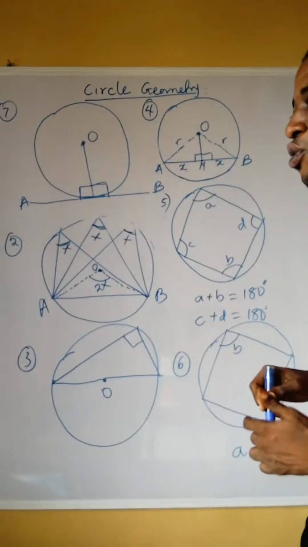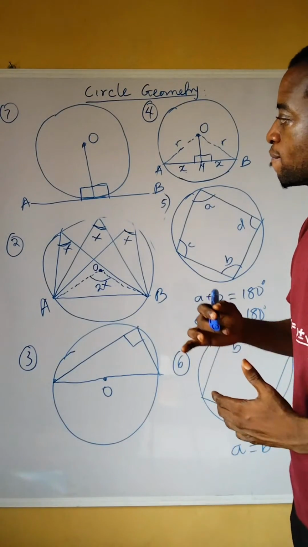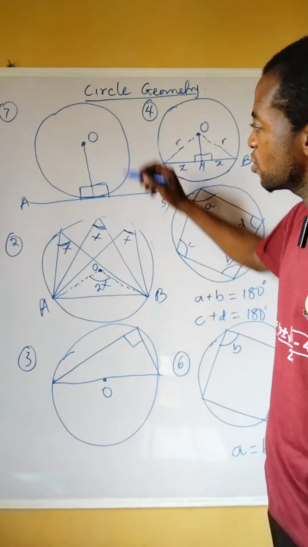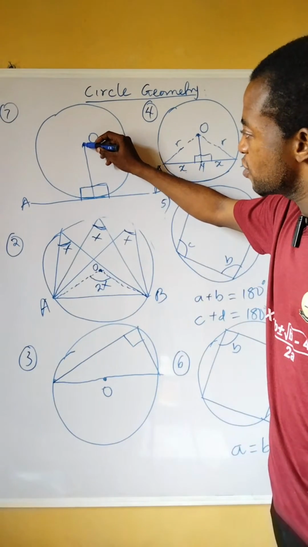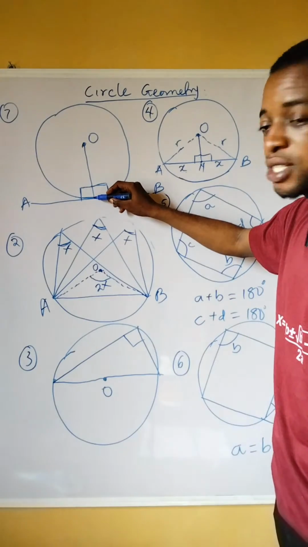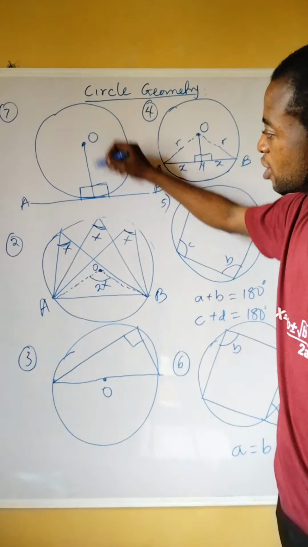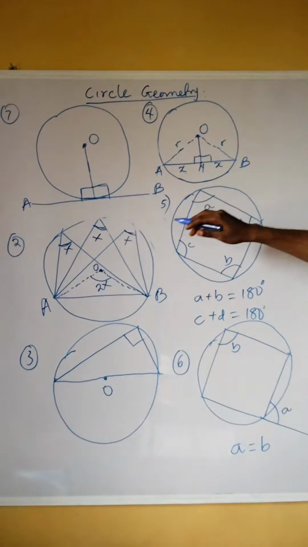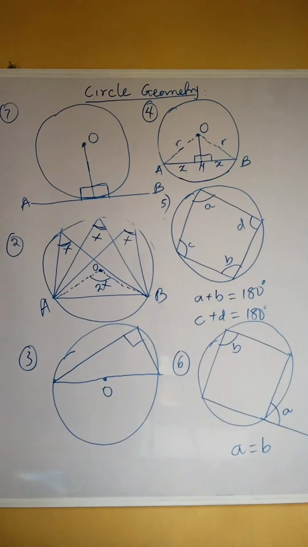In other words, we can say that the angle between a radius and the tangent, because a line drawn from the center to the circumference is a radius, is a right angle. That's 90 degrees.